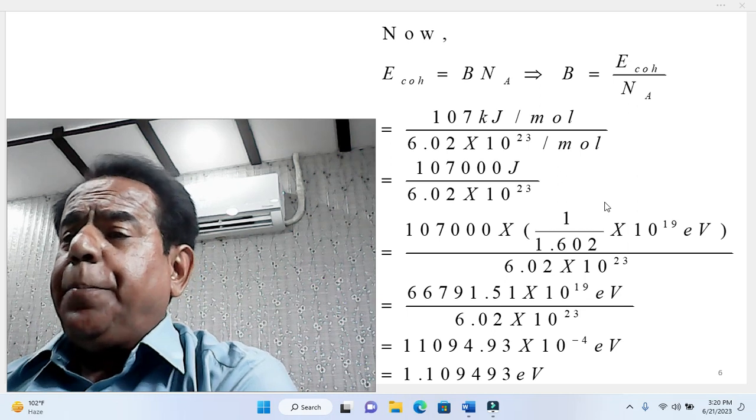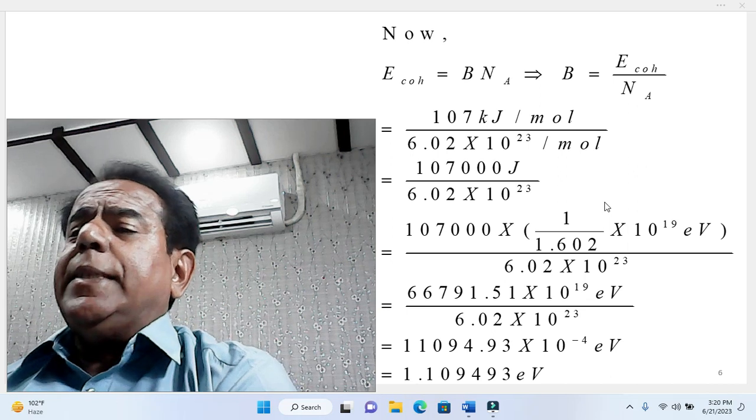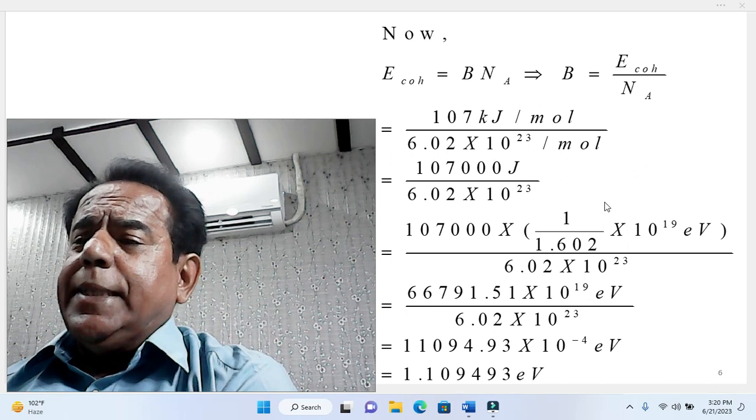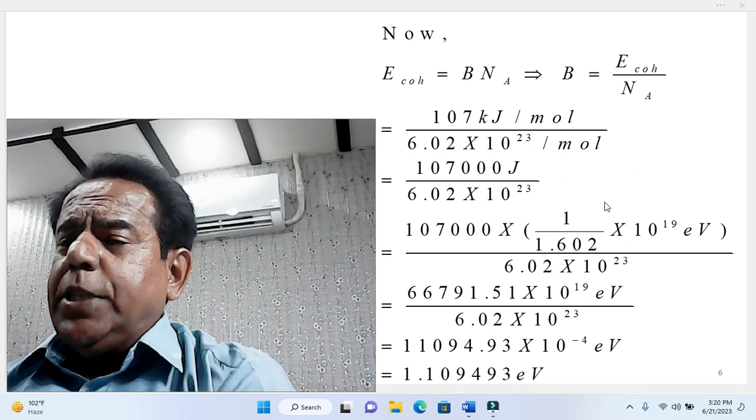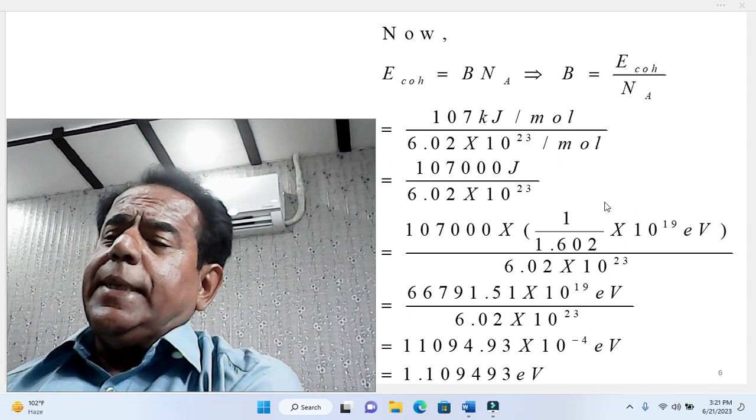Okay, because in the numerator mole is in the lower part, and in the denominator mole is once again in the lower part, so it will be reverted.